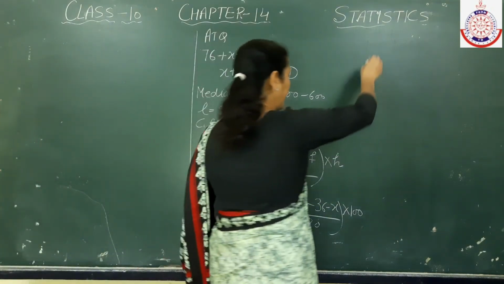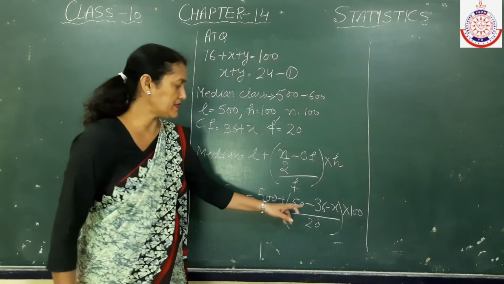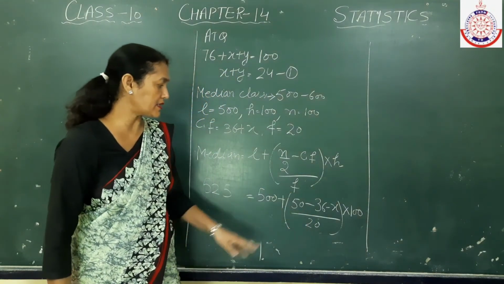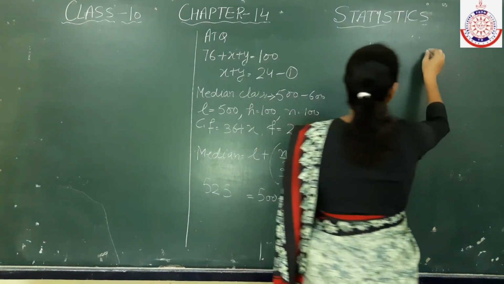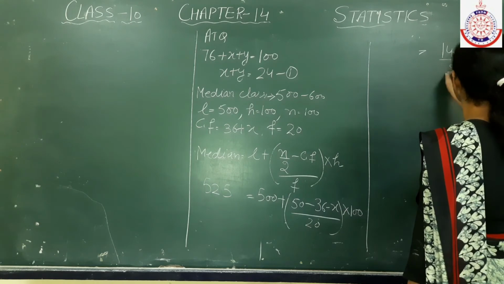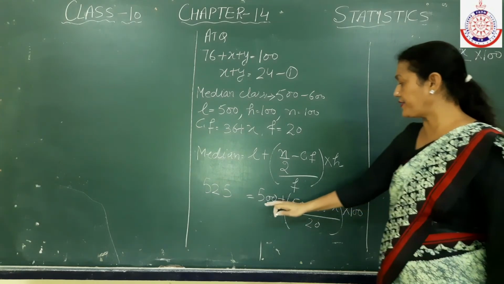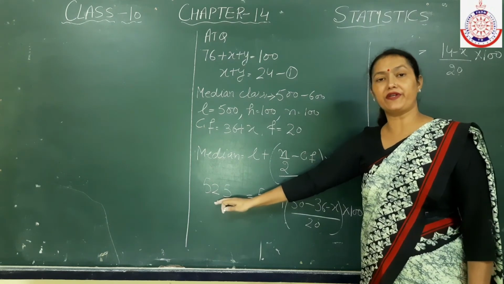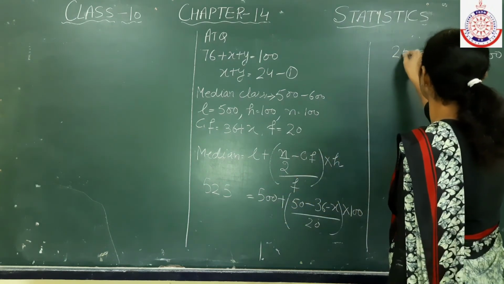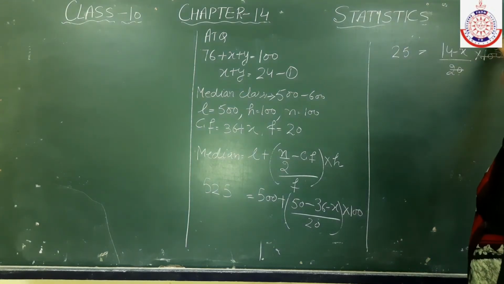So we have obtained 50 minus 36 will give us 14. 14 minus x upon 20 into 100. And this 500 will be shifted this side. 525 minus 500 will give us 25. 20 and 100 got cancelled.